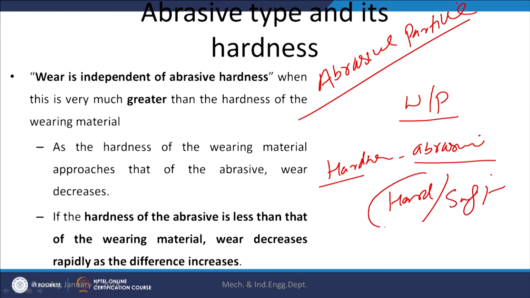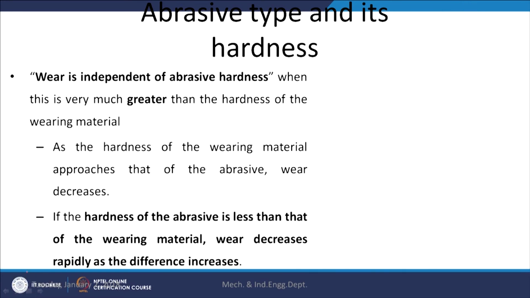Hard abrasives are those which have a hardness greater than the workpiece material, and soft abrasives are those which have a hardness less than the workpiece material. Most of the time we will see that abrasives are harder than the workpiece material.